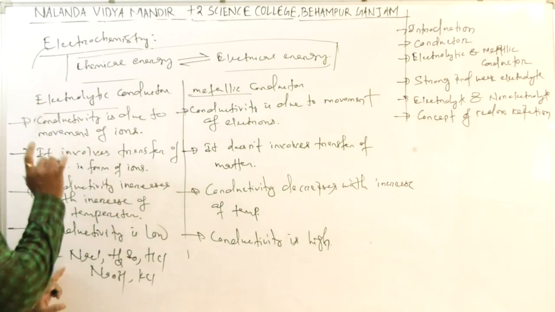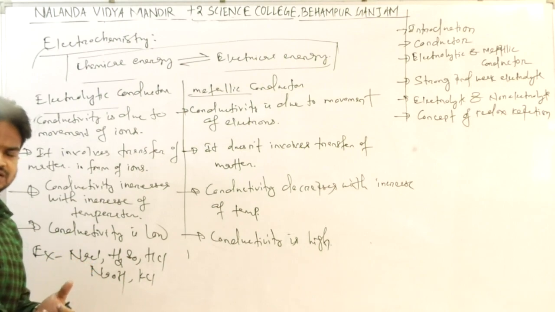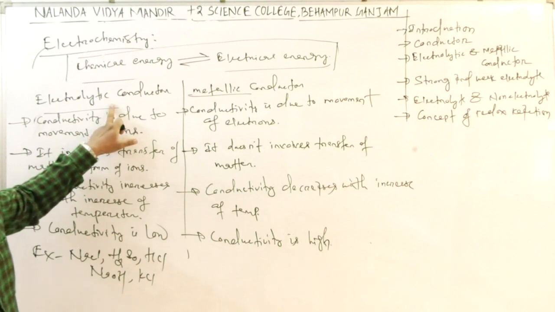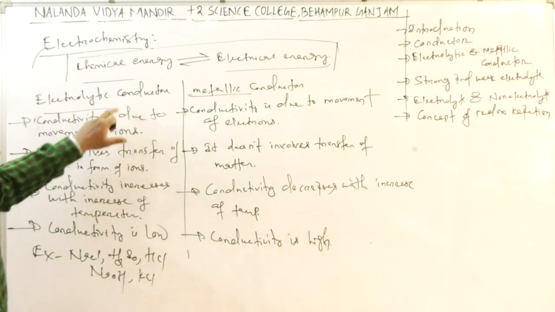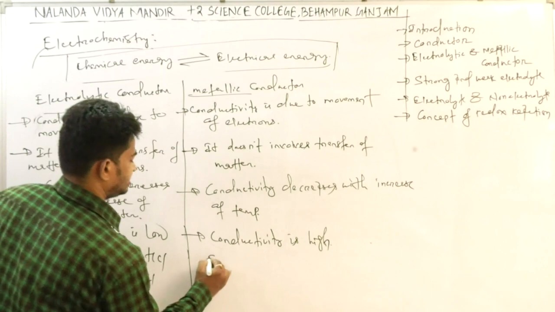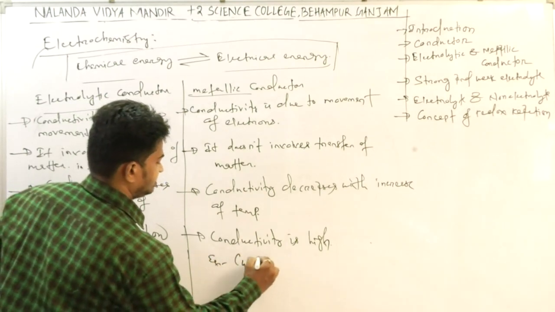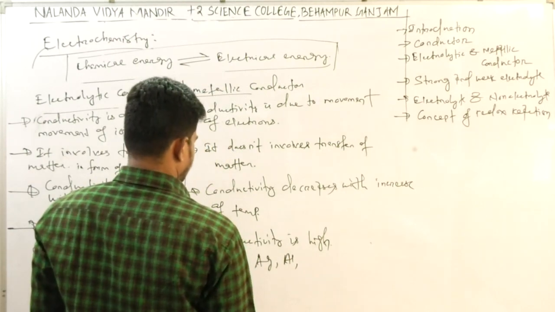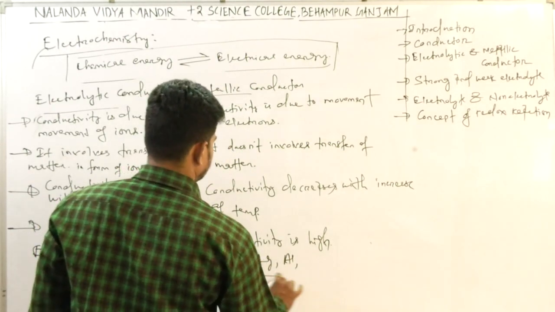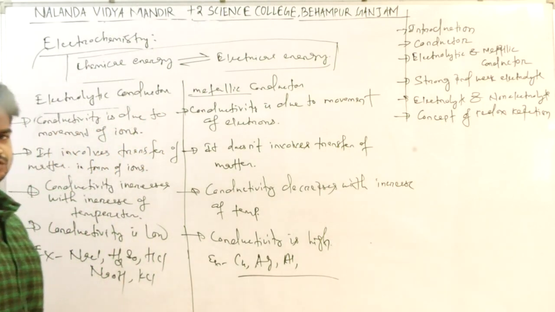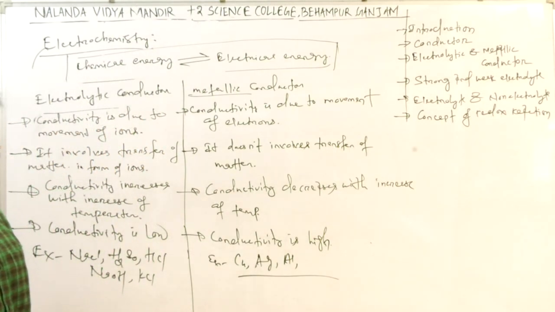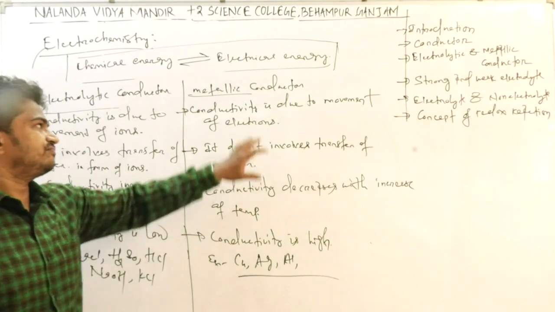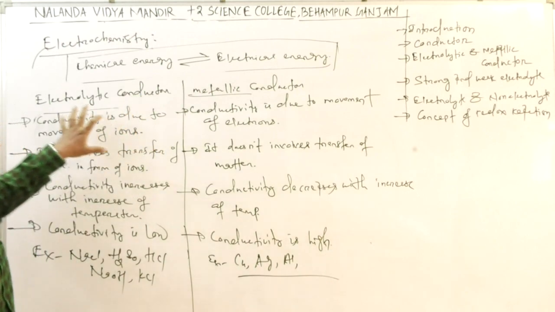Generally, strong acids, strong bases and salts show electrolytic conduction. And for metals, examples we can take copper, silver, aluminium. These are a few metals which show conductivity. Almost all metals show conductivity due to the free movement of electrons.